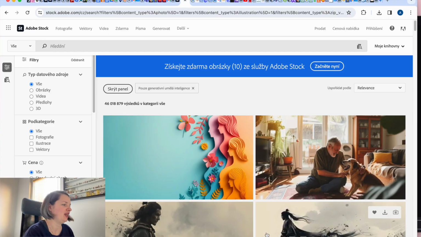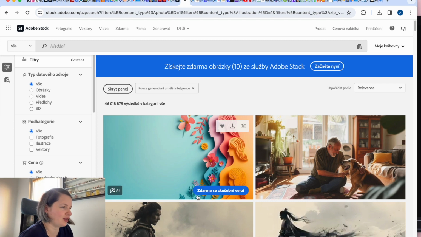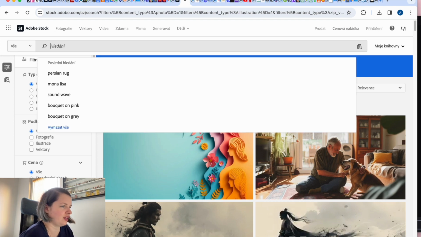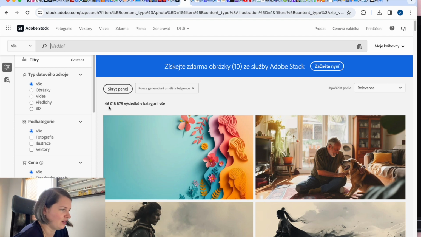So first of all, this is just the Adobe pages, and I did an empty search, so people were asking about it. If you go to Adobe Stock and you don't enter anything and just hit enter, and then you filter out just the generative AI images, I have it in the Czech language, I'm sorry about that, you can actually see that there are 46 million AI images.